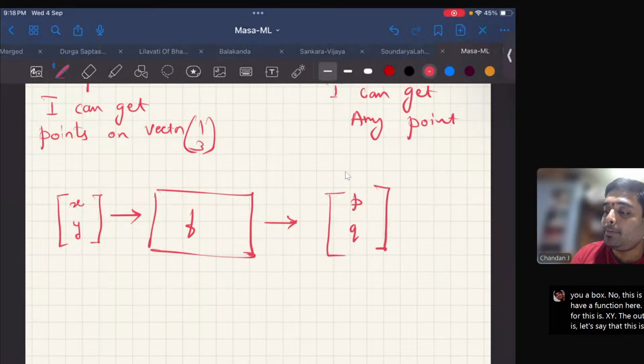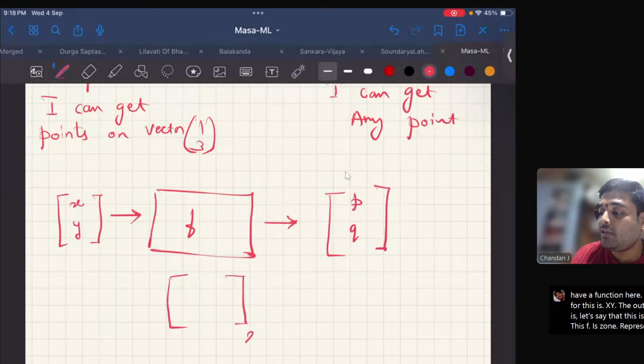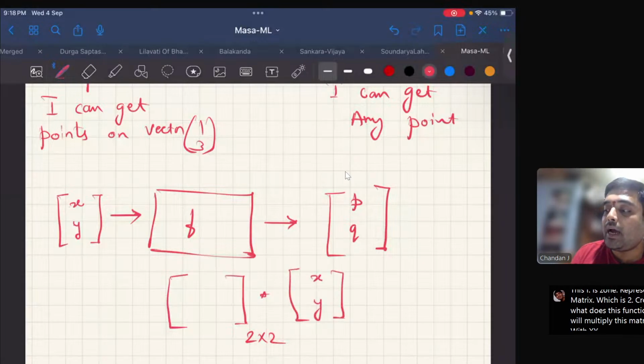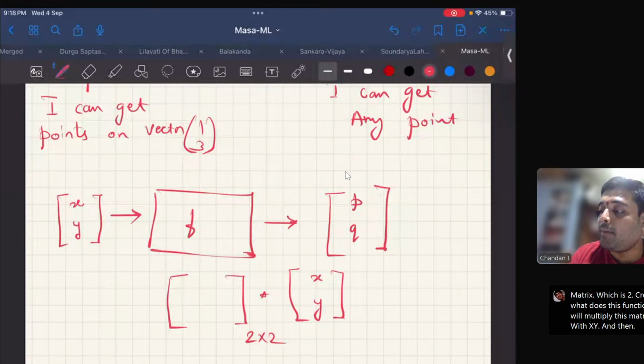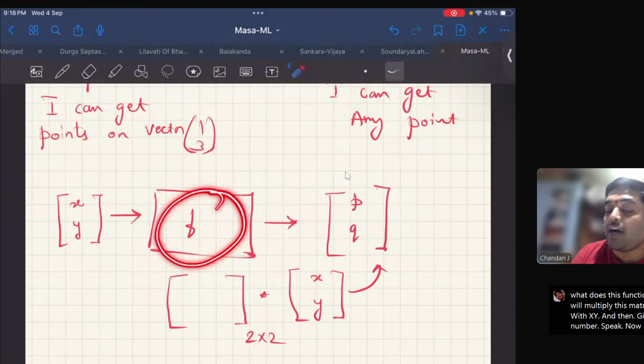So now this f is represented by a 2 cross 2 matrix. And what does this function do? It will multiply this 2 cross 2 matrix with xy and then give out pq. Now I'll say that this is a function.